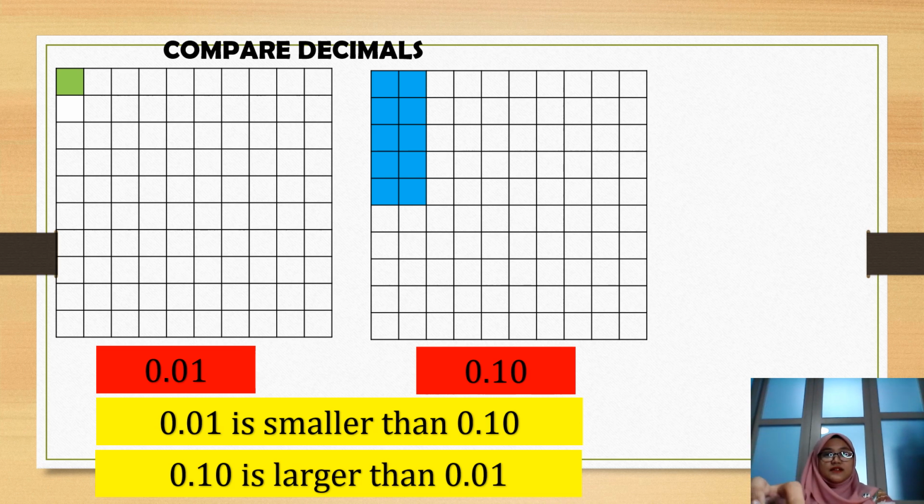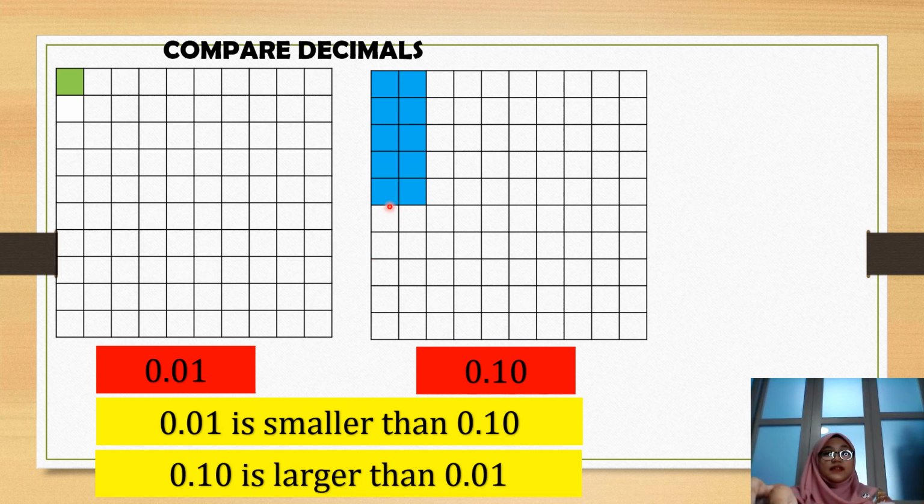Look here. For the first 100 grids, I draw one part, that is 0.01. For the second 100 grids, I draw 10 parts, 5 and 5.